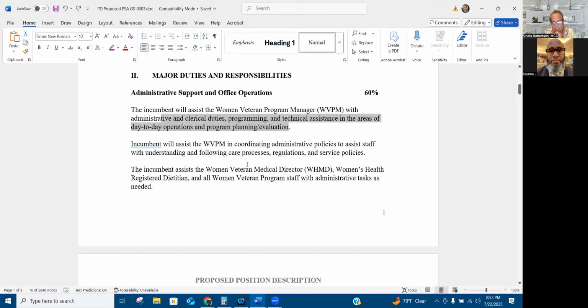It's still clerical and administrative, right? Even though they're doing program planning, but program planning on an administrative or assistance basis.